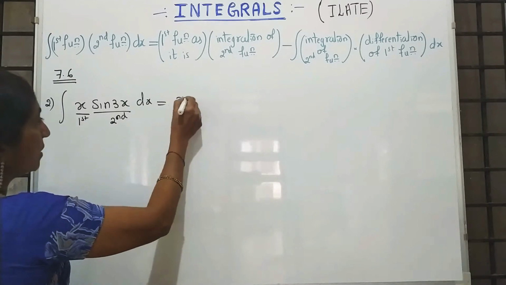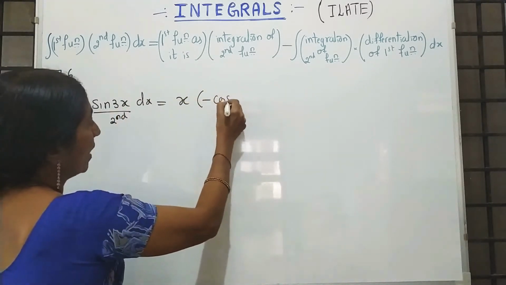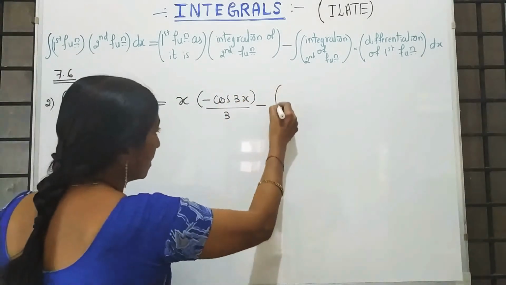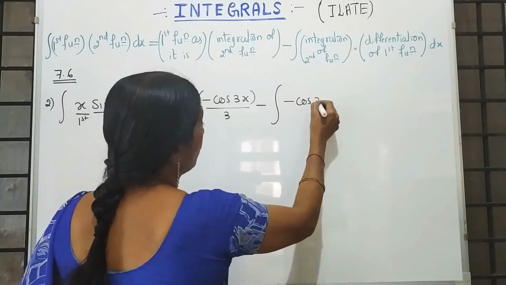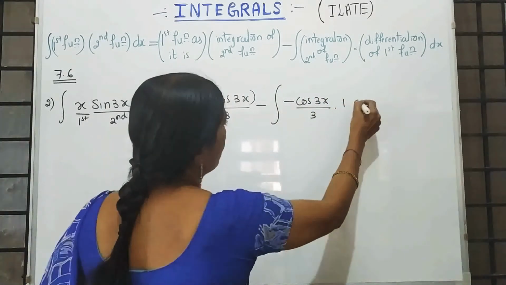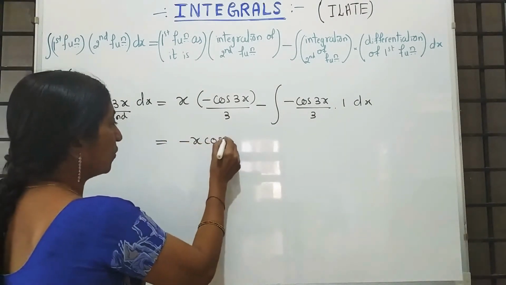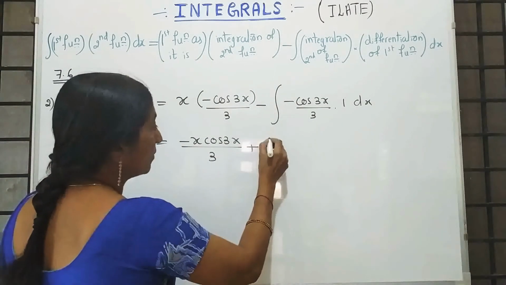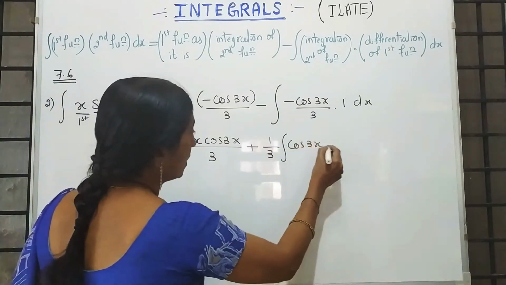First function as it is, integration of the second: integration of sin 3x is minus cos 3x divided by 3, minus integration sign. Just write down this value, minus cos 3x by 3, and differentiation of the first function, x, is 1. So this is minus x cos 3x divided by 3, minus into minus becomes plus. I took 1 by 3 outside, this is cos 3x.